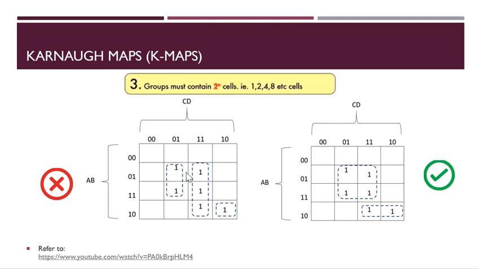And this one is also correct because it groups 2 cells. But this one is incorrect because it groups 3 cells only. And this grouping is not correct. But this one at the right-hand side is correct because it groups 2 cells and 4 cells together.